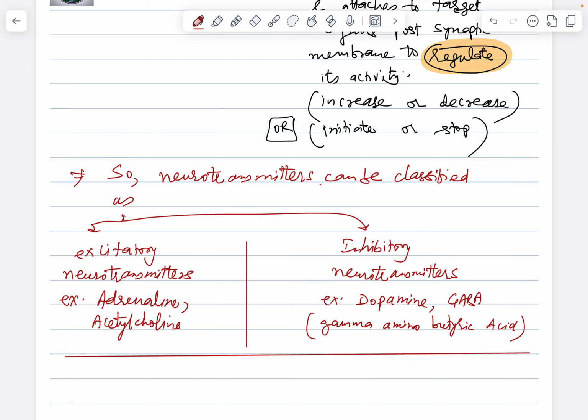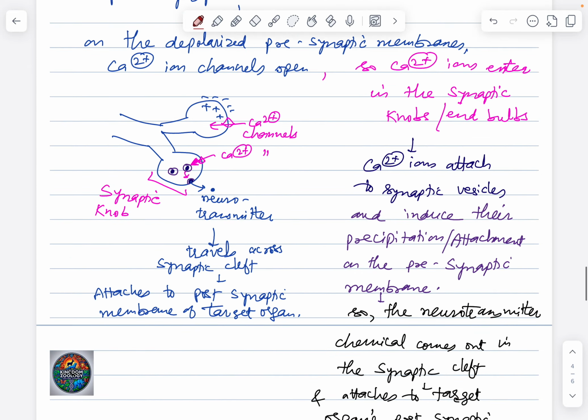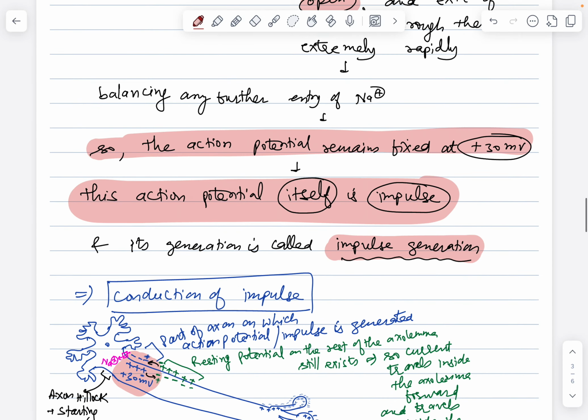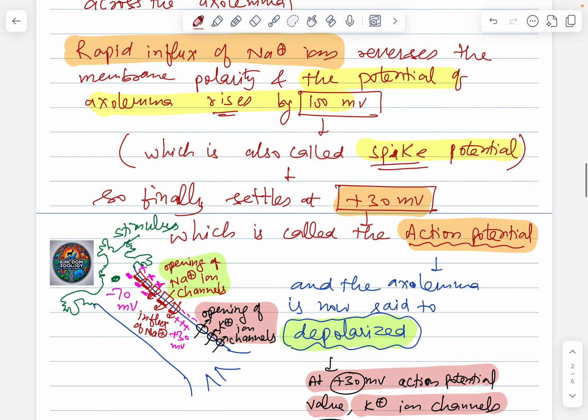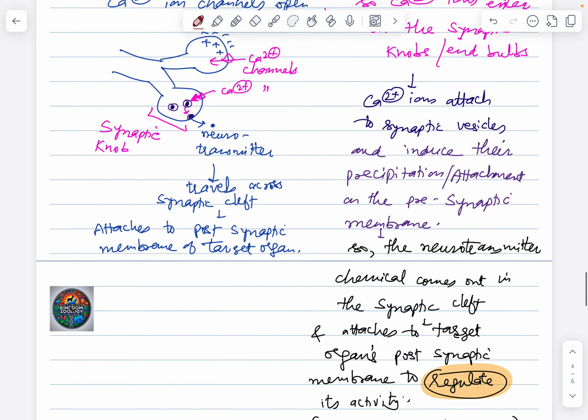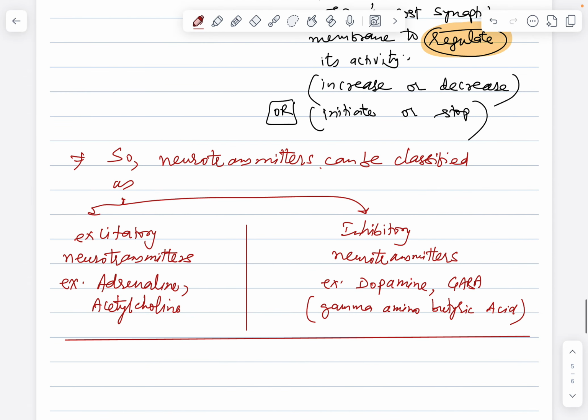Okay, so that's it, guys. This was the end of our total discussion today regarding nerve impulse generation and nerve impulse conduction through various pictorial diagrams, and of course the type of neurotransmitters in the end. So we'll stop the lecture over here today, and our next target in the nervous system will be understanding the structure of our brain, the most important part of the central nervous system.